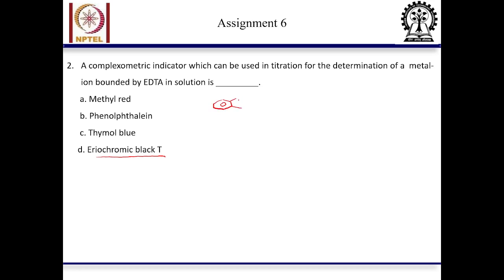I will just write it. Alright, this is the compound structure for Eriochrome Black T.